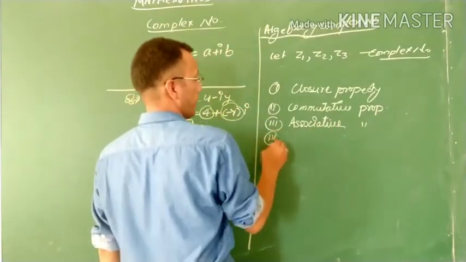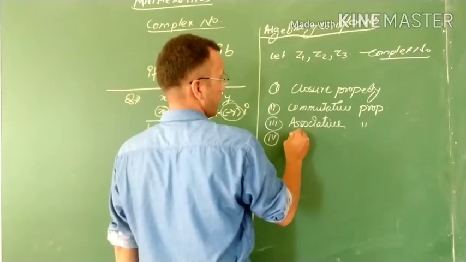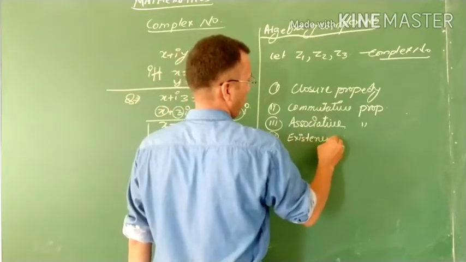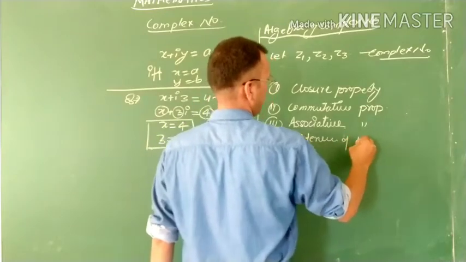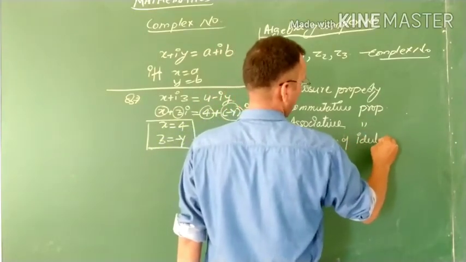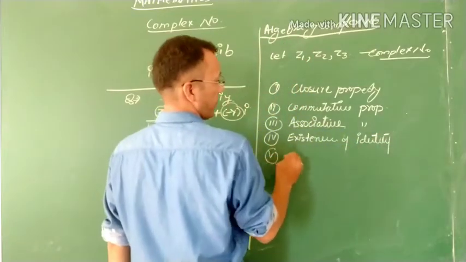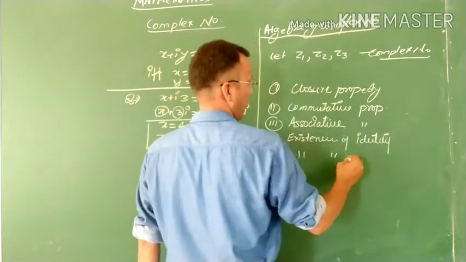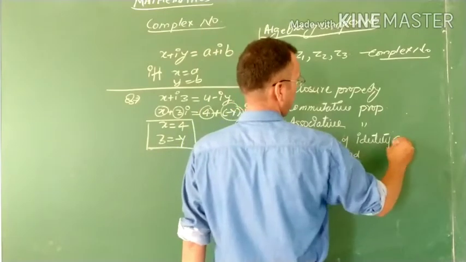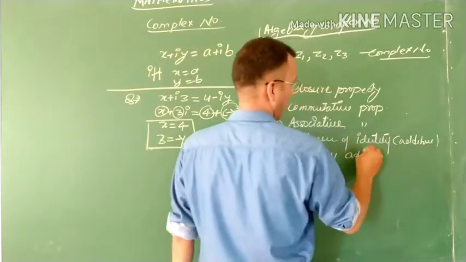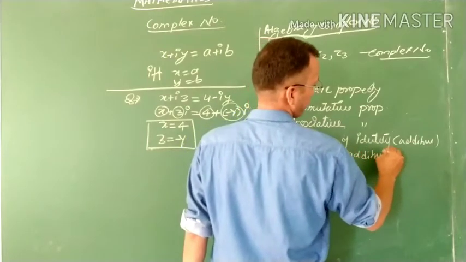Fourth one is existence of identity. And fifth is existence of additive inverse, that is, additive identity and additive inverse.